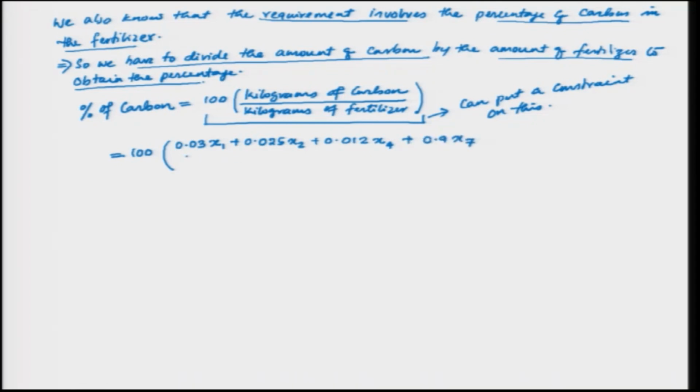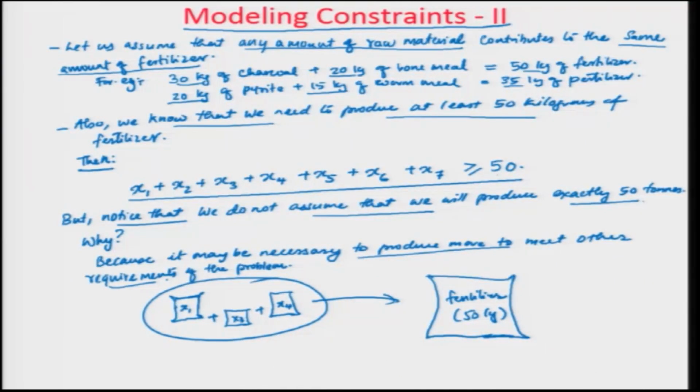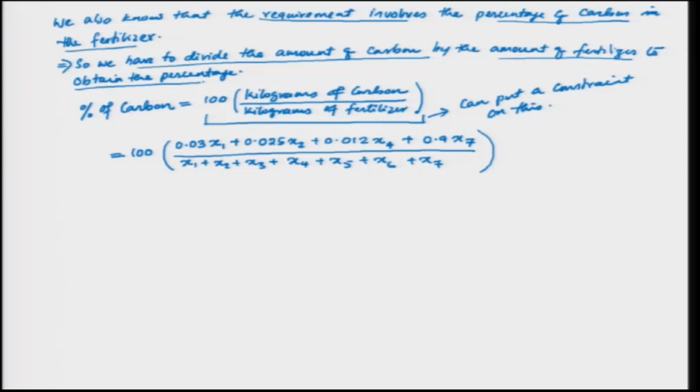This is the amount of carbon divided by, okay, what are we dividing it by? x1 plus x2 plus x3 plus x4 plus x5 plus x6 plus x7. This below is the total amount of fertilizer, right? So this one is the amount of carbon, and this is the amount of fertilizer.